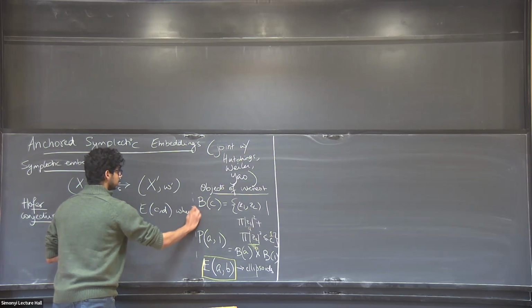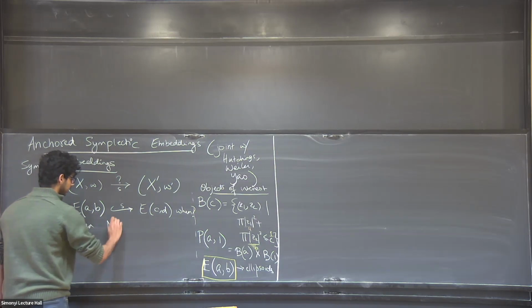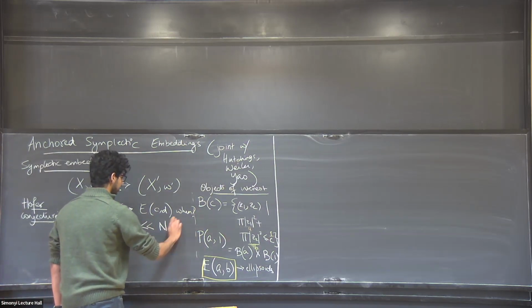And the conjecture was that it only happens when a certain number theoretic condition is met.